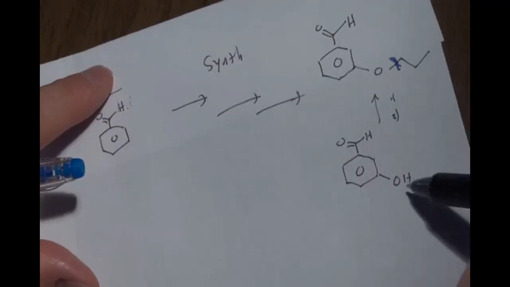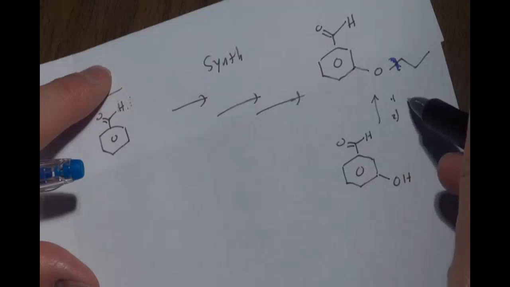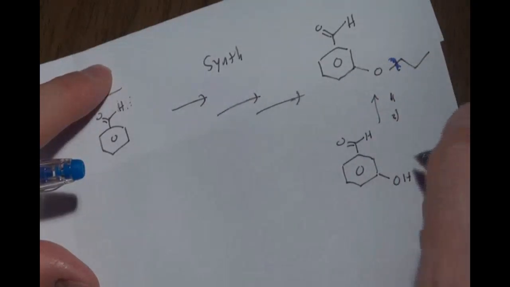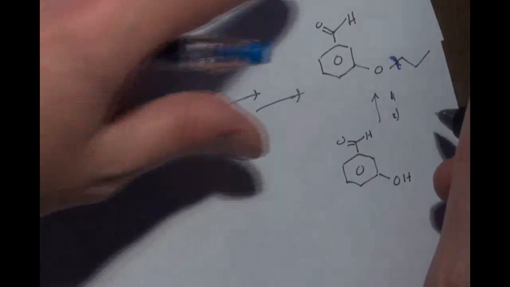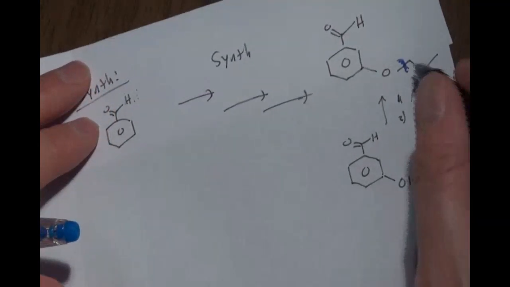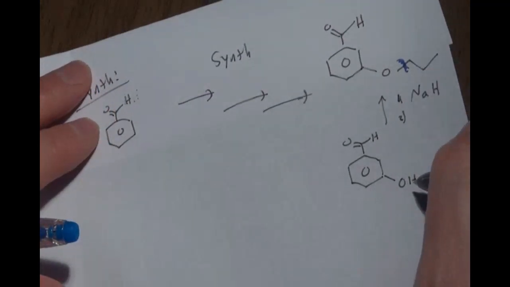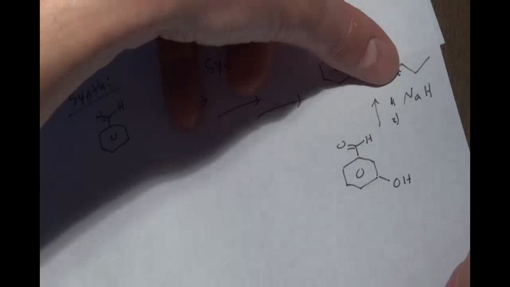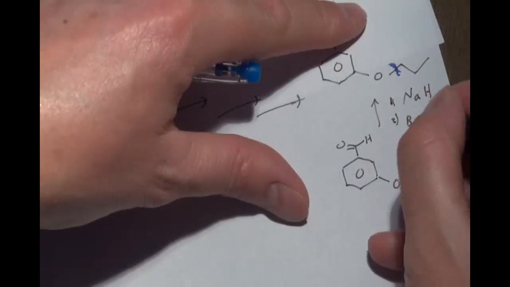Well, you have to take off the proton, make a good nucleophile. So step 1 is a base, step 2 is the electrophile. So maybe NaH or even NaOH, almost any base will take off this kind of acidic proton. And then how many carbon piece? It's 3, right? So maybe bromopropane.